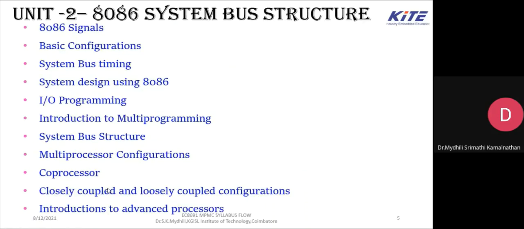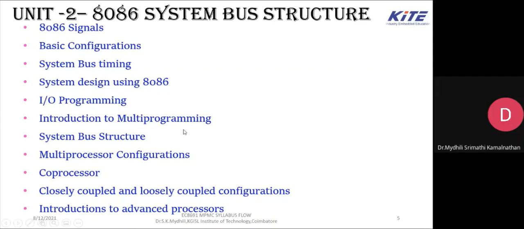In the second unit, you will go with the system bus structure, where you will study the 8086 signals, basic configuration, system bus timing, system design using 8086, and I/O programming. How are the ports enabled, input and output?